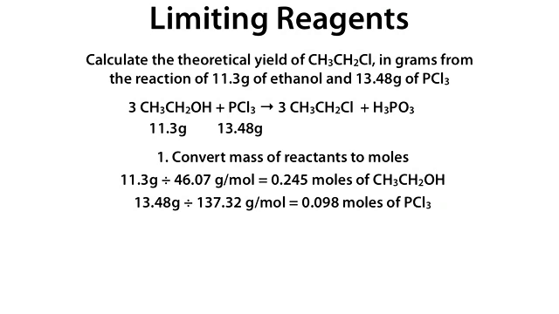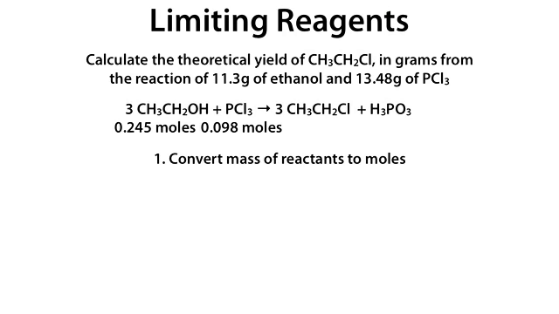In this case, it's 137.32 grams per mole, and we divide 13.48 grams by the molar mass and get 0.098 moles of PCl3. So I'm going to put our amount of moles under our reactants because we're not going to be worried about the grams anymore. We're just going to be concerned with moles from now on.